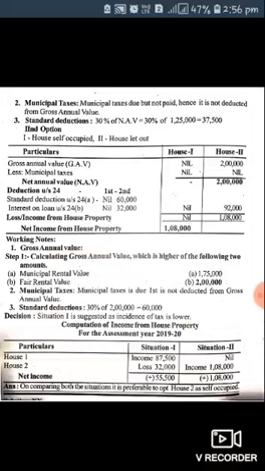In situation 2, the income from house 1 is nil, and from house 2 is 1,88,000. Comparing both situations, it is preferable to opt for house 2 as self-occupied, because otherwise the income is higher, so he has to pay more tax.